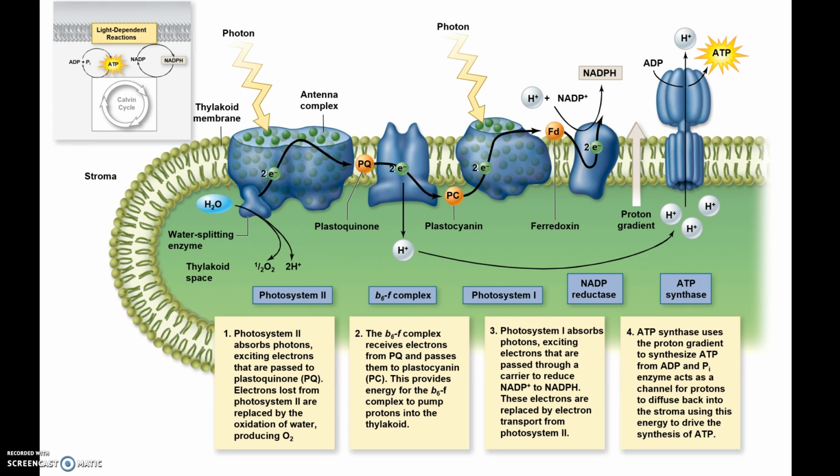Now let's consider the energy. We know that we started with energy from the sun. I then said that we use that energy in the form of electrons, moving electrons. And one of the things that you have heard of before is that we use that energy to move hydrogen ions across this membrane.